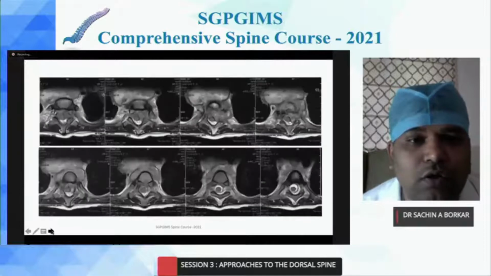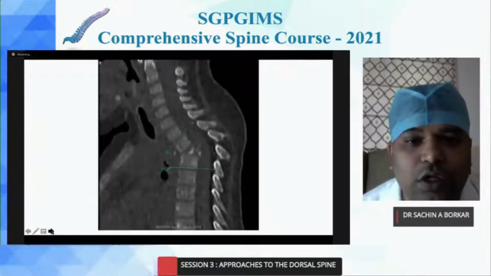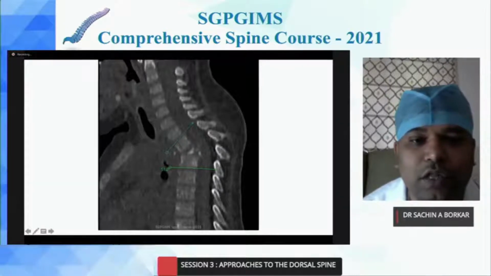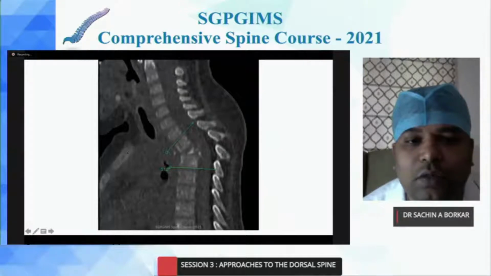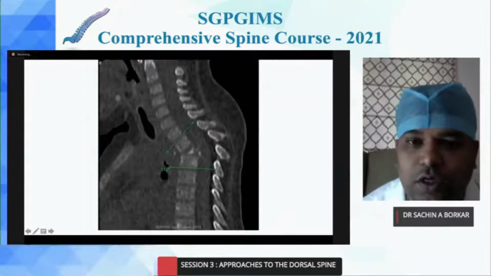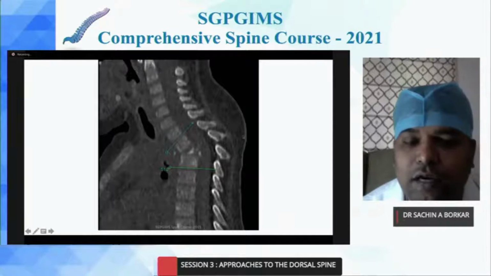So what we did is, as you can see, the level of the sternum determines where you can reach, and here you have to put a plate, so probably you will have to nibble this much portion of the sternum, and that may be a difficult thing in a small kid, and you anyway have to supplement posteriorly.